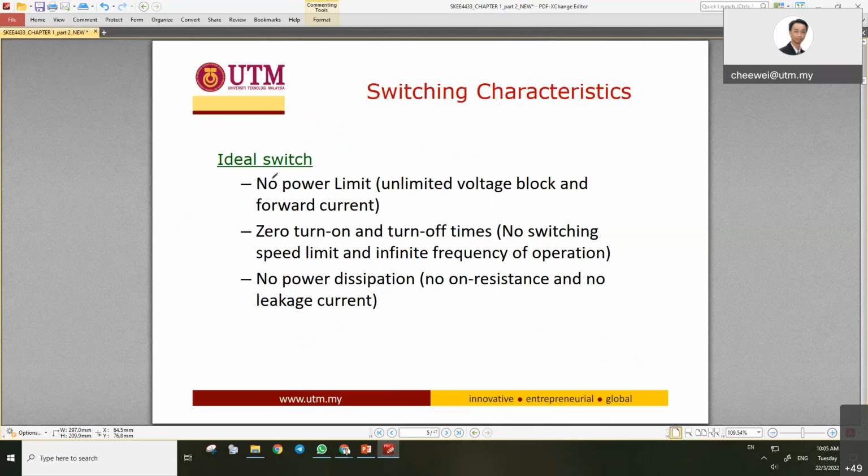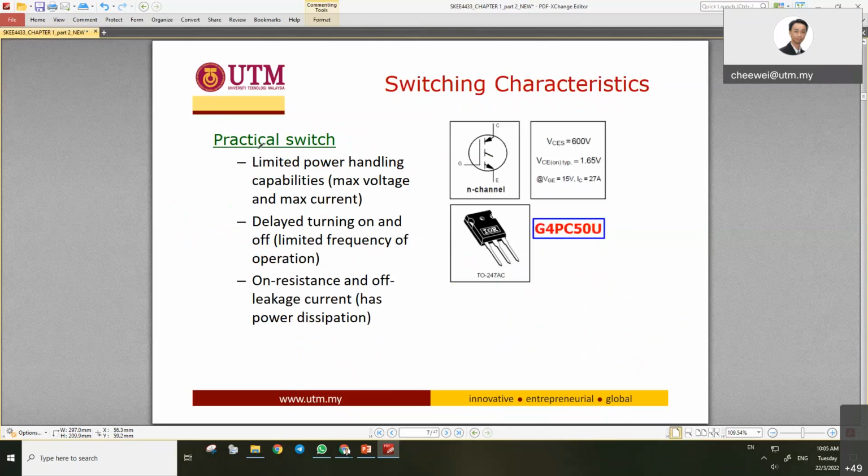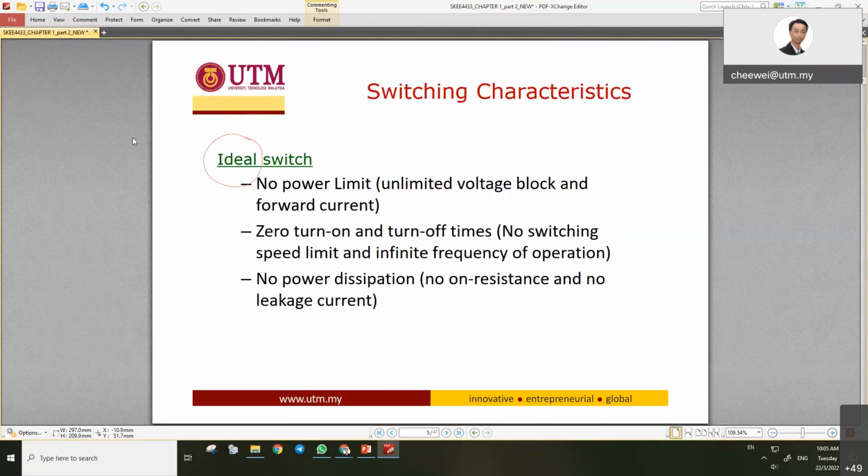For ideal, yeah, that's the word ideal, and then the word practical. So we have ideal versus practical. Ideal, normally we say, is no losses. Okay, the ideal case doesn't happen in real life.